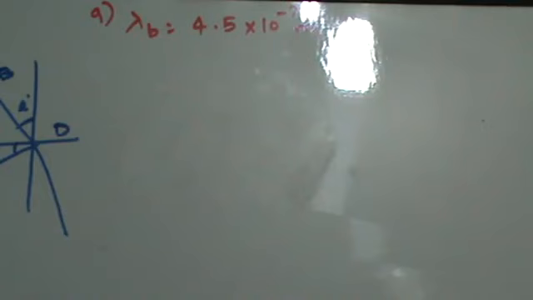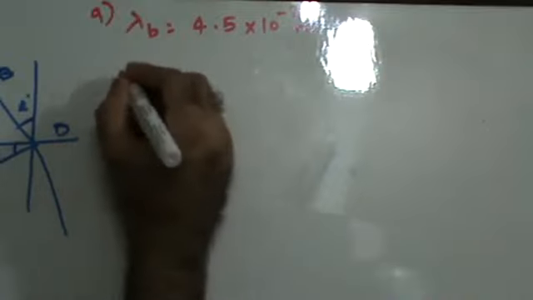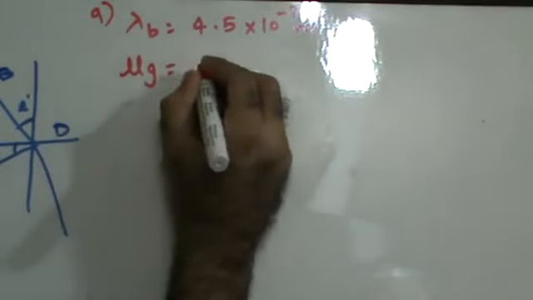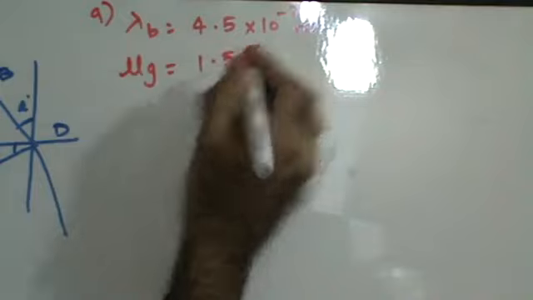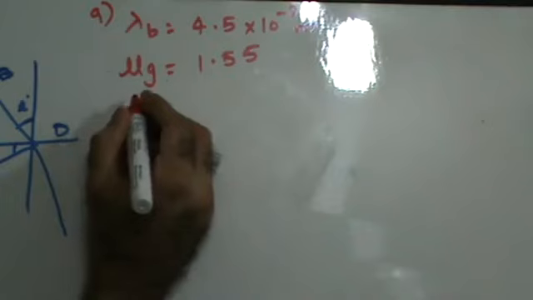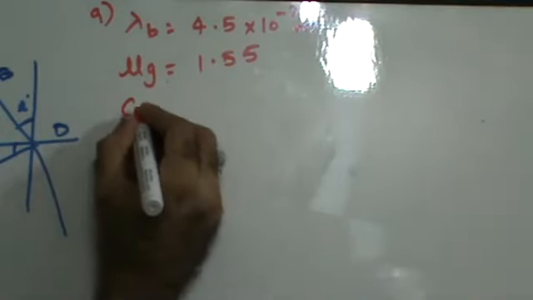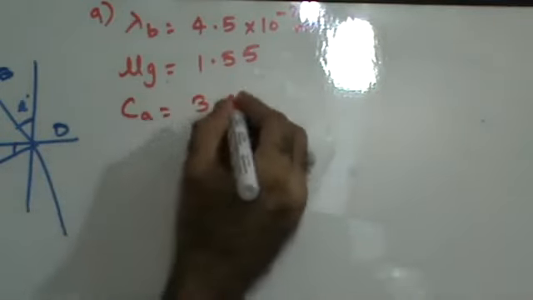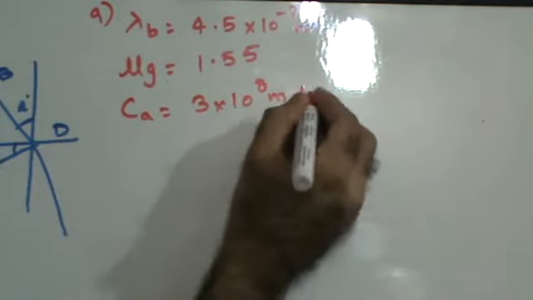If the refractive index of glass is 1.55, what will be the wavelength and the velocity in glass if the velocity of light in air is 3 into 10 raised to 8 meters per second?